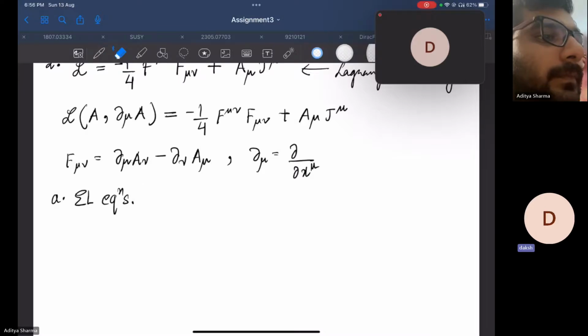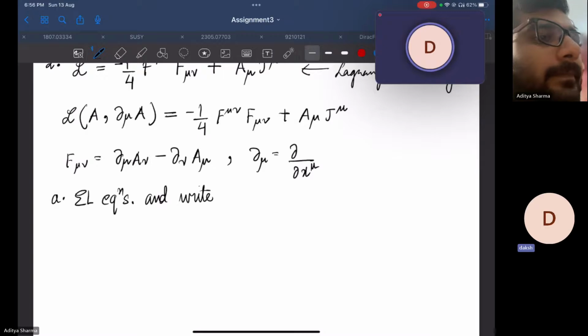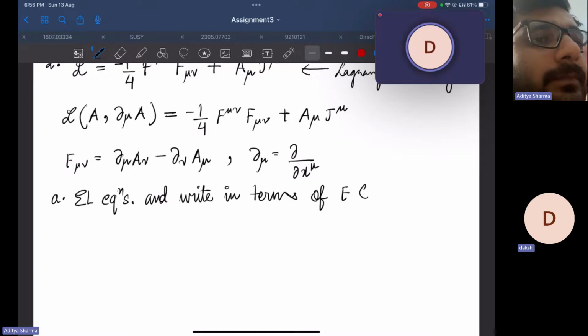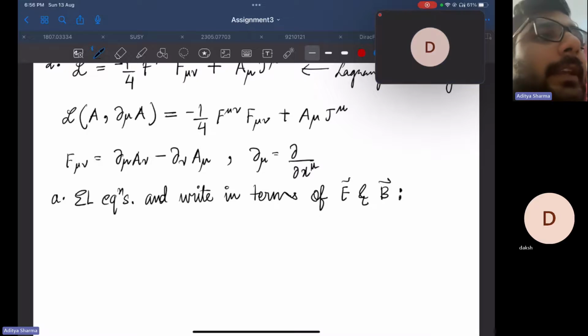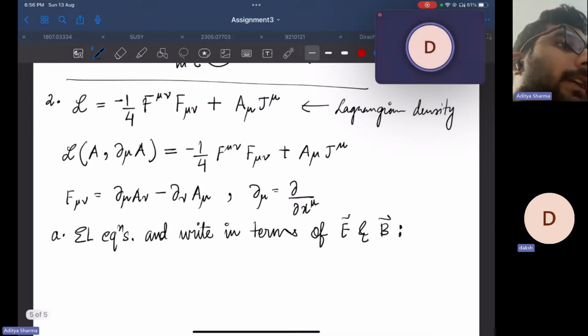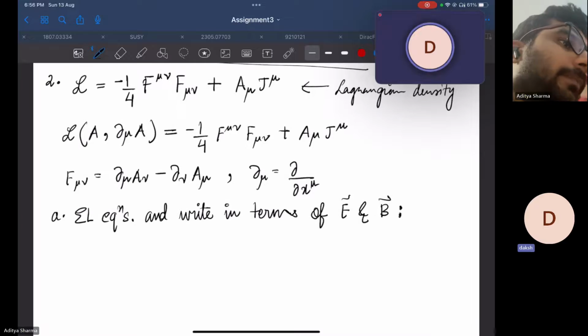Till now, I was writing the action by integrating the Lagrange density over both position x and t, and then minimizing it. Yeah, but that will just give you the Euler-Lagrange equation, right?